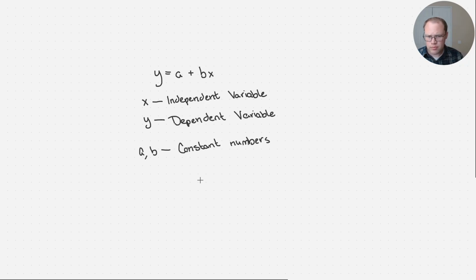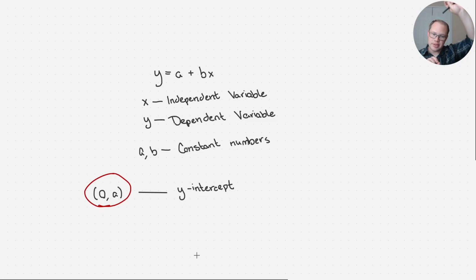Okay? A and b have special roles too. The point 0, a is the y-intercept of the line if we were to graph it out. That is, the line will go through this point on the y-axis if we were to plot this on the xy plane. And b is the slope of the line.